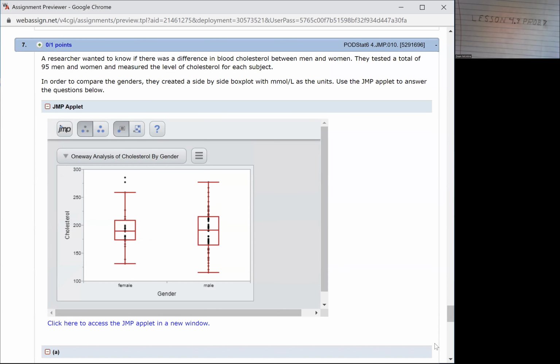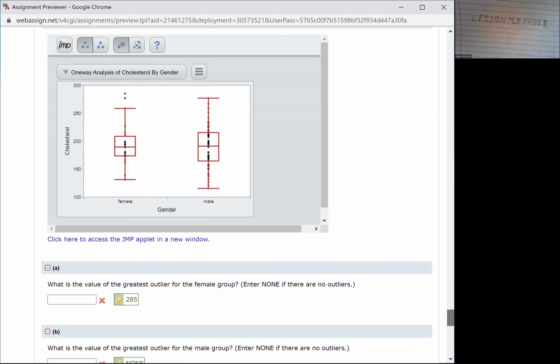I don't know what that unit really is, but anyway. Use the JMP applet to answer the questions. So we'll move that up here a little bit.